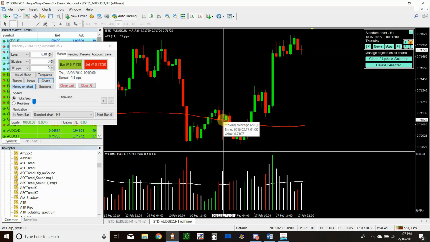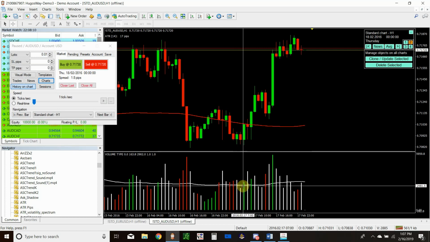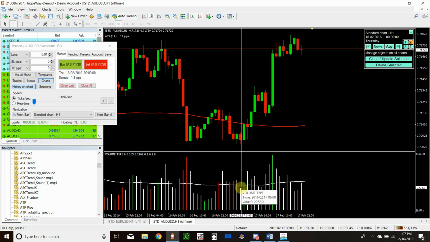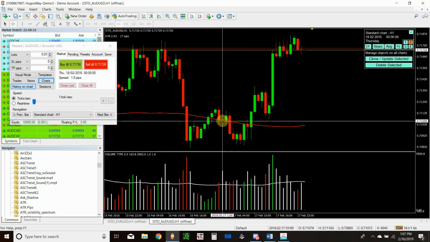So we would have entered there, and if we were using this as our exit indicator too, we would have gotten out on this bar right here because it dropped below. We would have been at 13 pips, so we wouldn't have quite hit our ATR on that one. We may have actually gotten stopped out.